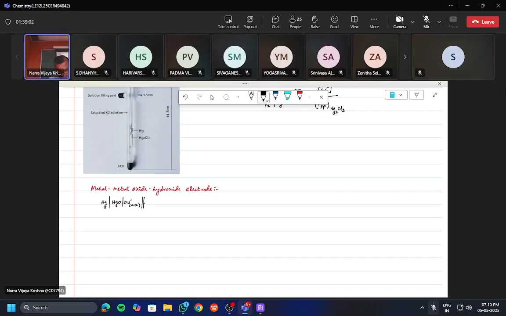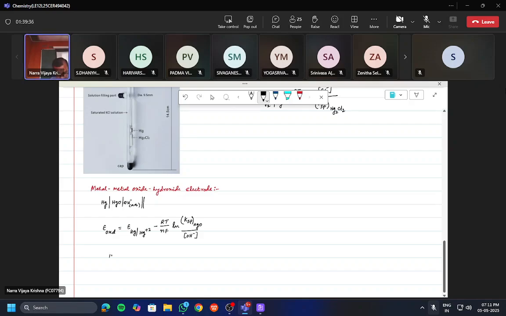Right. Now what is E? E oxidation equal to E of Hg plus 2, minus RT upon NF log base e, KSP of HgO upon concentration of OH minus squared.